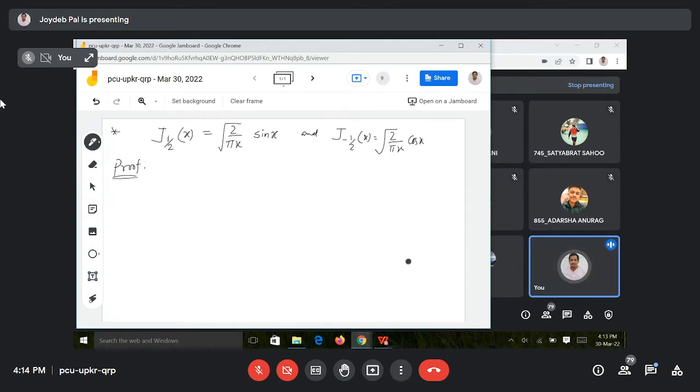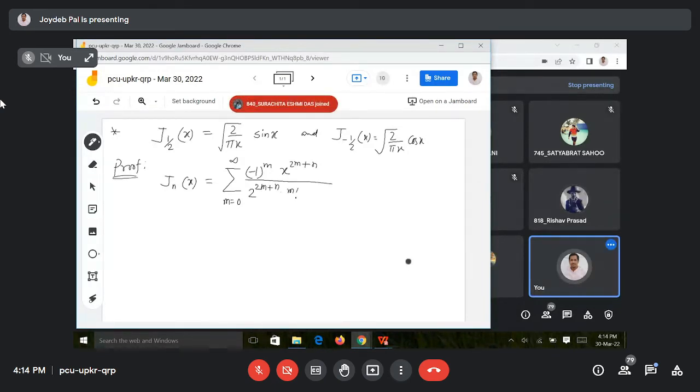Now what is the formula for J n x? Can you tell me J n x in summation form? Minus 1 to the power m, x to the power 2m plus n, divided by m factorial and what?